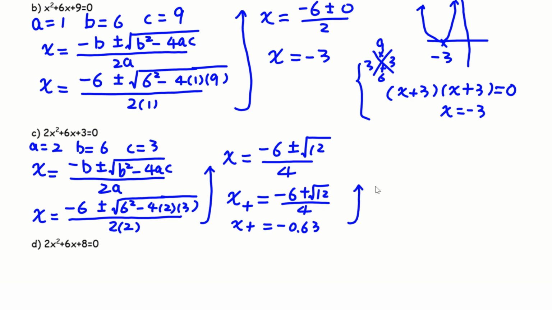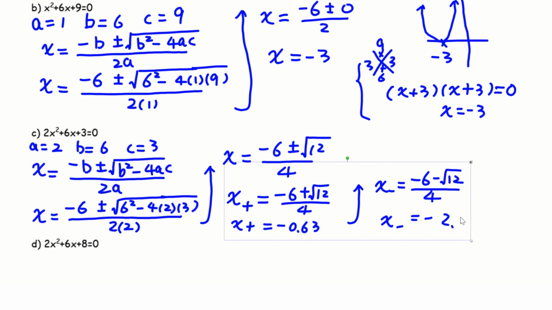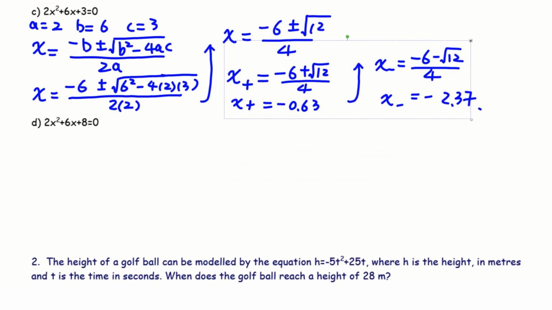Then another solution is minus: negative 6 minus square root 12 divided by 4. Then you have x minus equals negative 2.37. Then it's done. So continue to the next question.